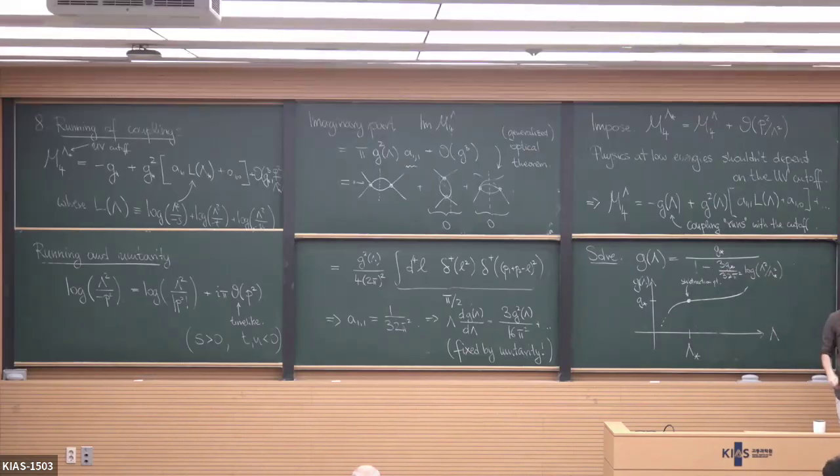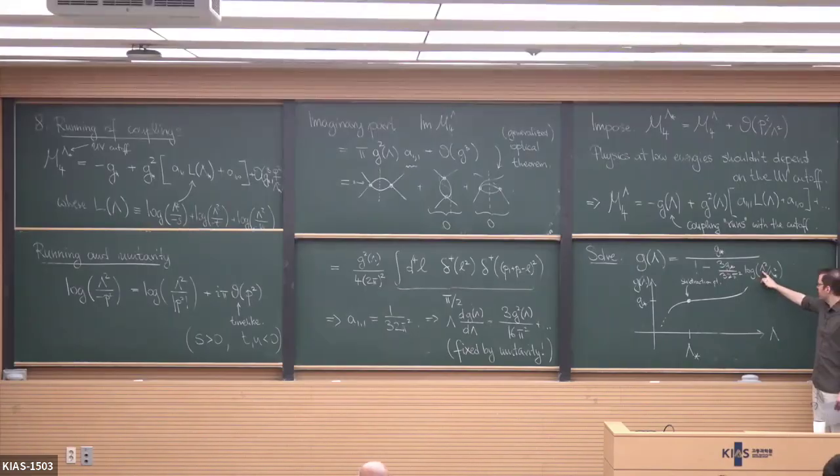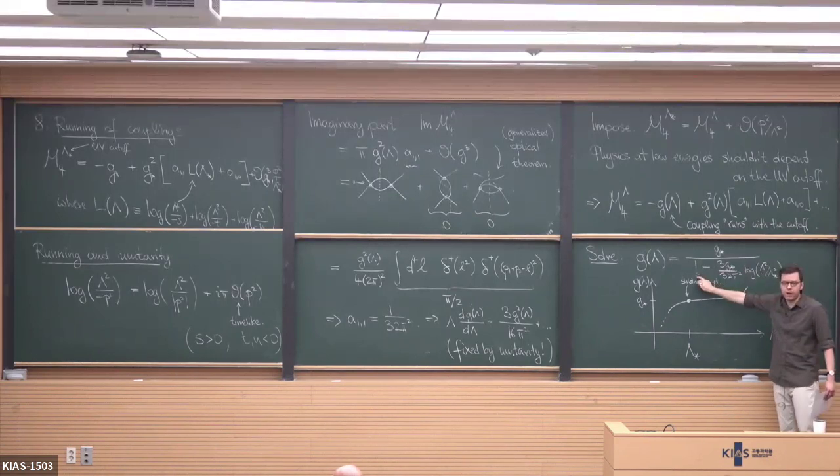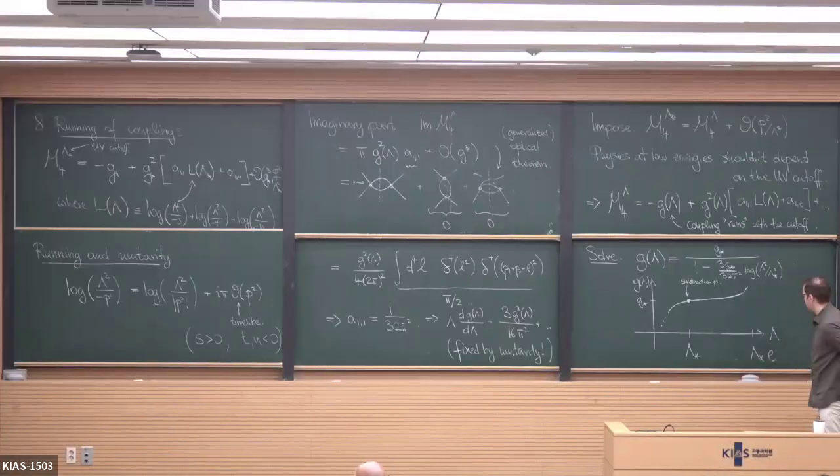And there's also one thing that you might notice about this. If you try to crank up the energy, the cutoff rather, to be very, very large, at some point the value of this logarithm is going to compete with 1. So what this means is that there's going to be a pole in this expansion, somewhere at the energy of lambda star times an exponential, which is 16 pi squared divided by 3 g star squared.